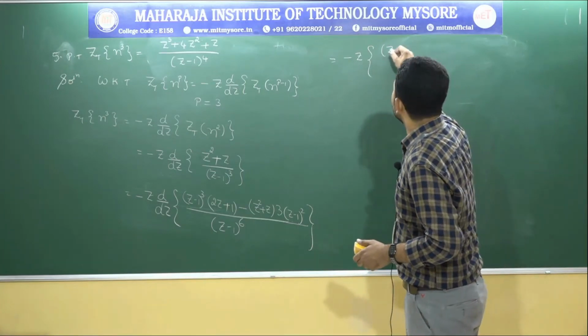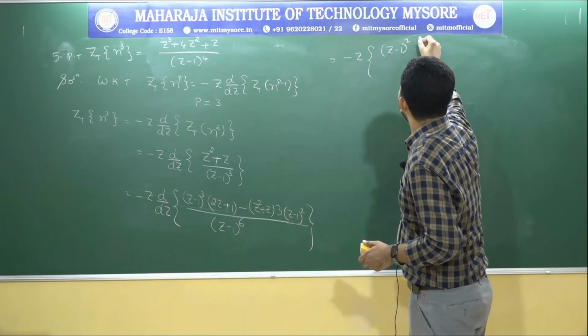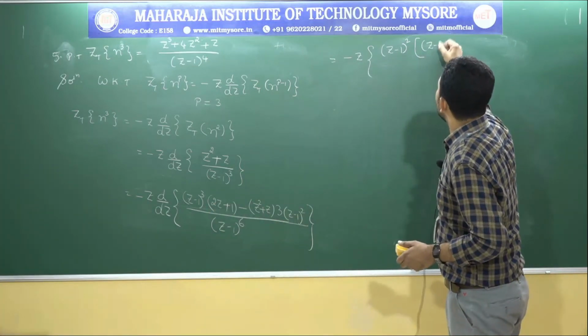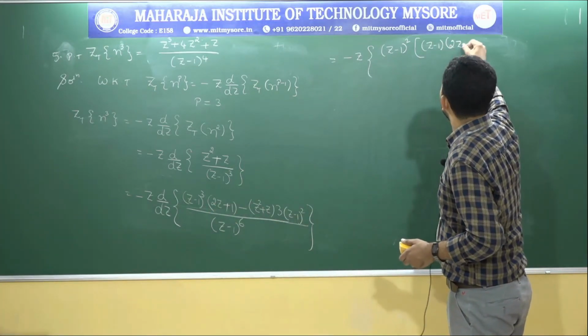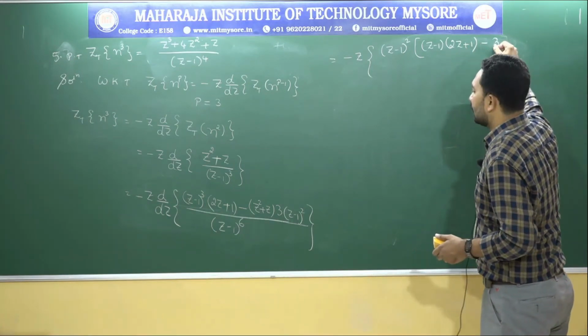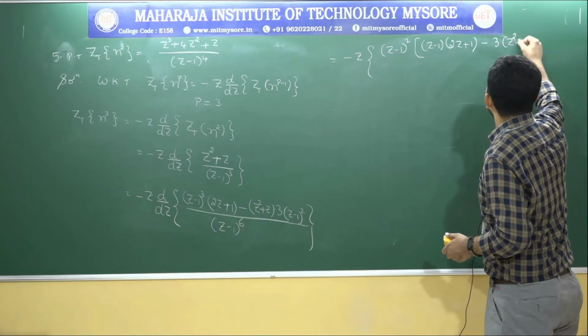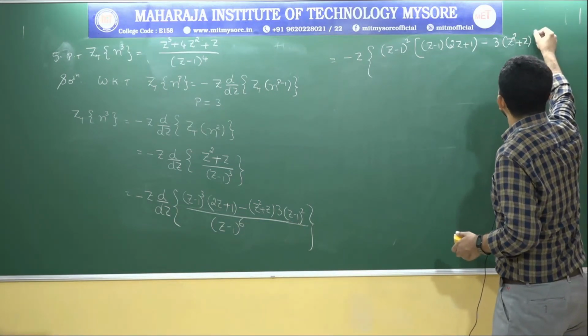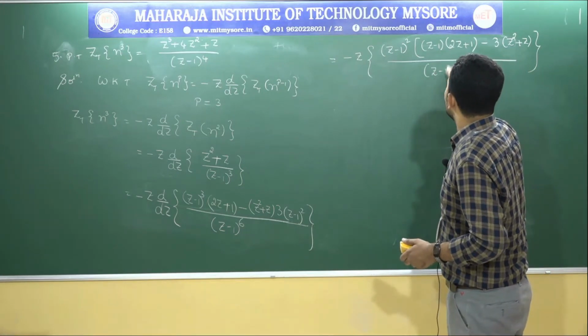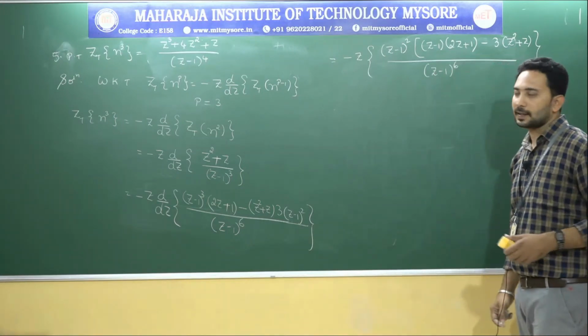So here we have z minus 1 whole square, here we have z minus 1 whole cube. So take z minus 1 whole square common, we will remain with z minus 1 into 2z plus 1 minus 3 into z square plus z, overall divided by z minus 1 power 6.